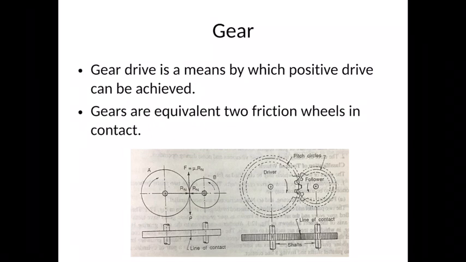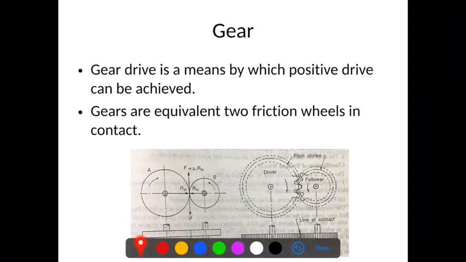Whatever the gear drives are, these gear drives are equivalent to two frictional wheels in contact with each other. Suppose we have two wheels, wheel A and wheel B. These have a sufficient frictional surface on their periphery, and these two wheels are pressed against each other.